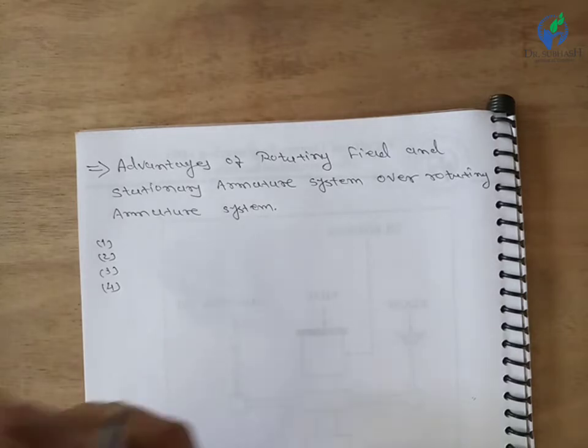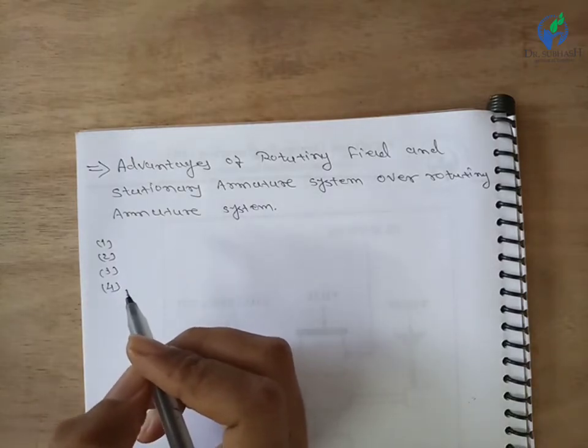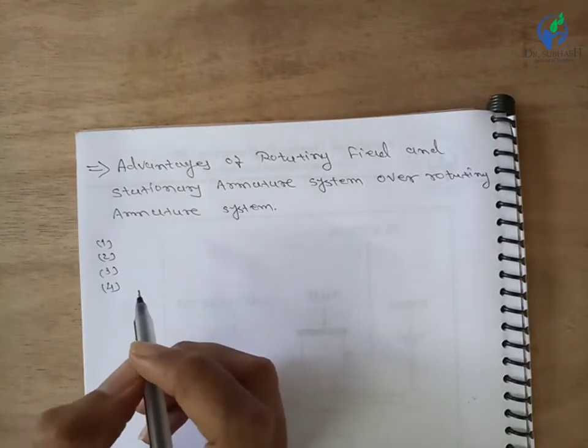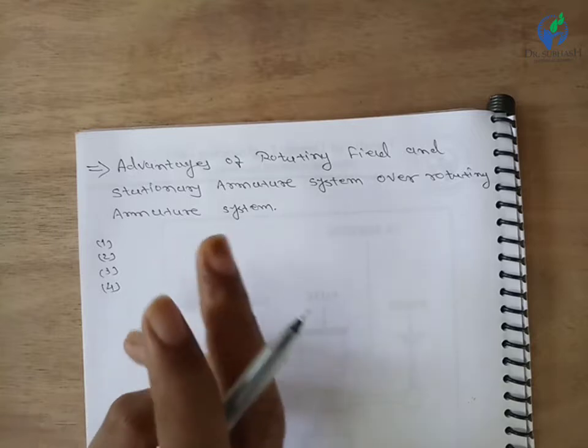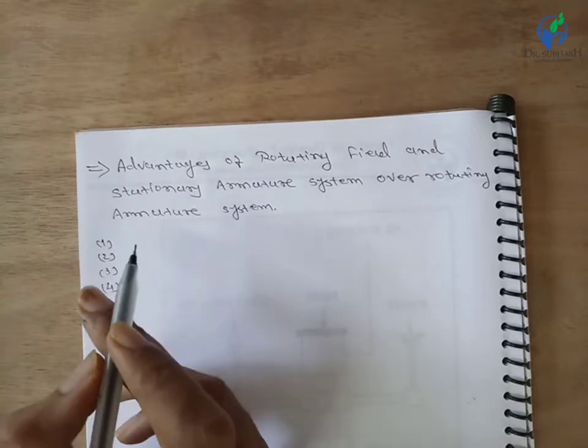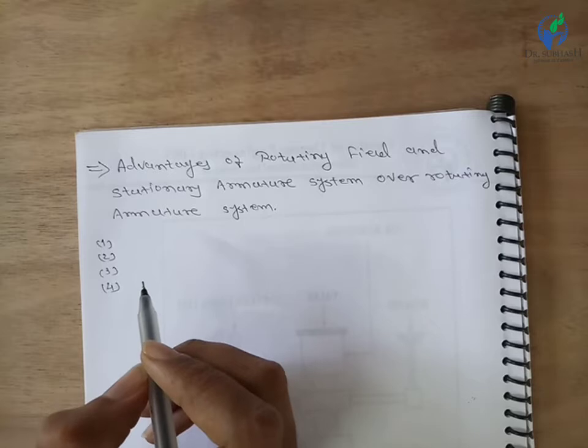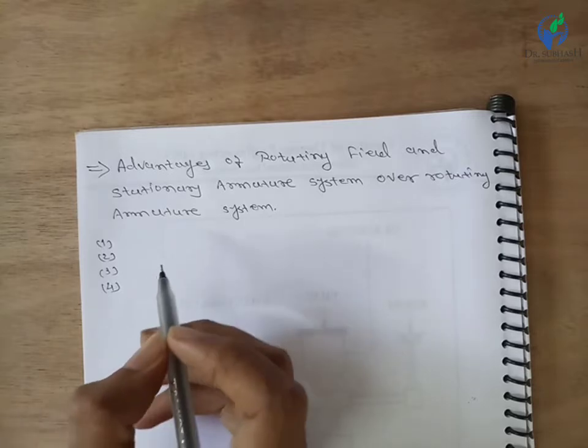Here we also note that the 2 slip rings are required for the DC excitation, but the operating voltage is only 250 to 300 volt DC.